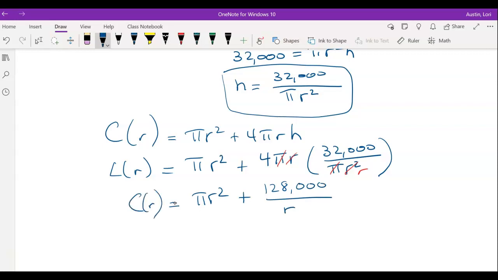Notice I changed my cost function to C of r because now my function is in terms of r. Which tells us we are going to differentiate in terms of r. So we're going to find the derivative with respect to r.